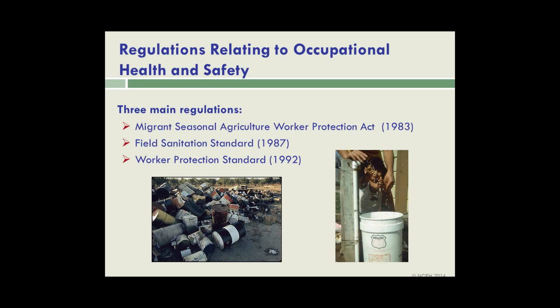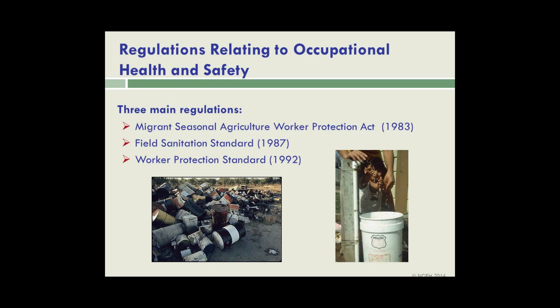Regulations that are specific to agricultural workers: the Department of Labor, Migrant and Seasonal Agricultural Worker Protection Act. This establishes the rights of farm workers and the guidelines that labor contractors must follow. OSHA, the Field Sanitation Standard, applies in all states and requires availability of potable water and sanitary toilet facilities.